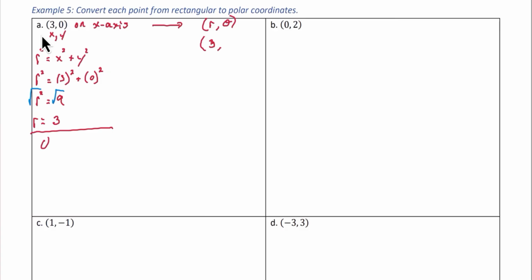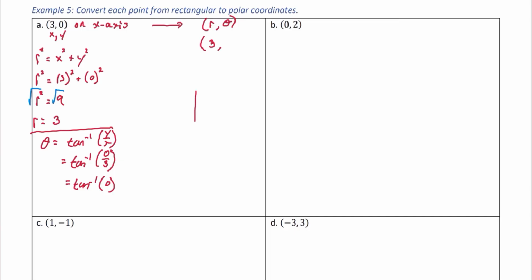Theta is the inverse tangent of y divided by x. So in this case, we have the inverse tangent of 0 divided by 3, or the inverse tangent of 0. So what angle for theta gives us a ratio of 0 for tangent?